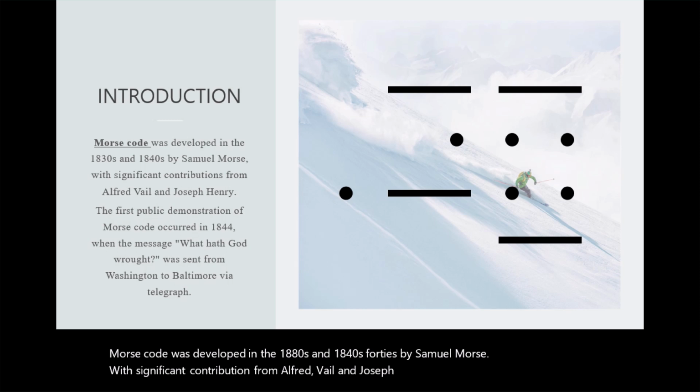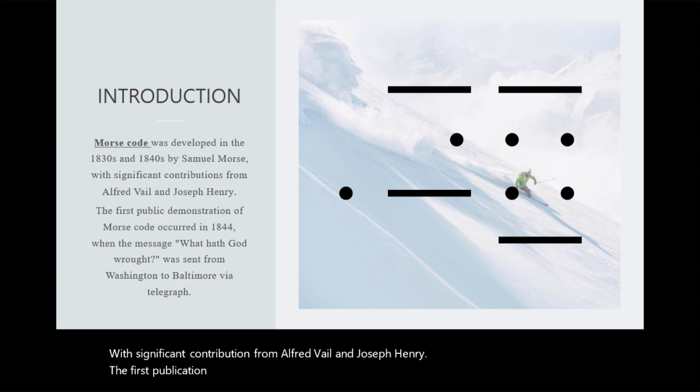The first public demonstration of Morse code occurred in 1844, when the message "What hath God wrought?" was sent from Washington to Baltimore via telegraph.